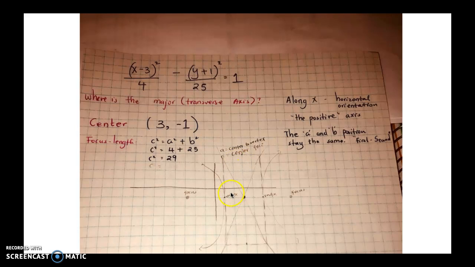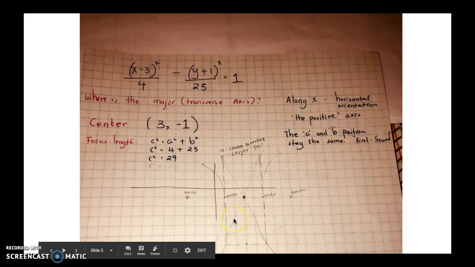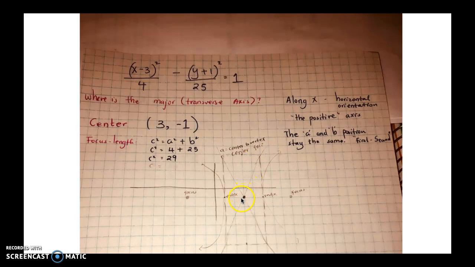So I connect from vertex. Again, I was told that for hyperbolas, I don't know if I already mentioned this, but the asymptotes help us draw the hyperbolas, and the center will be the connecting point of those two asymptotes.